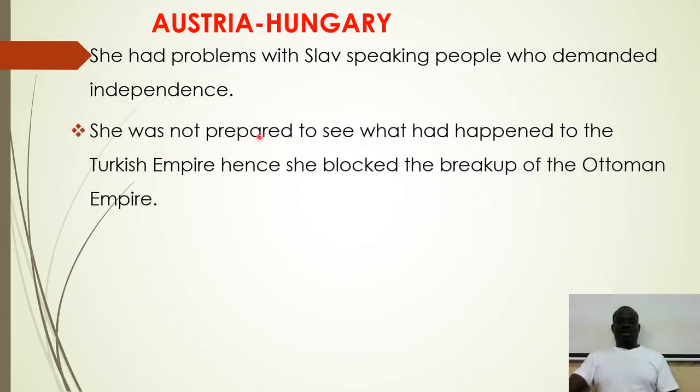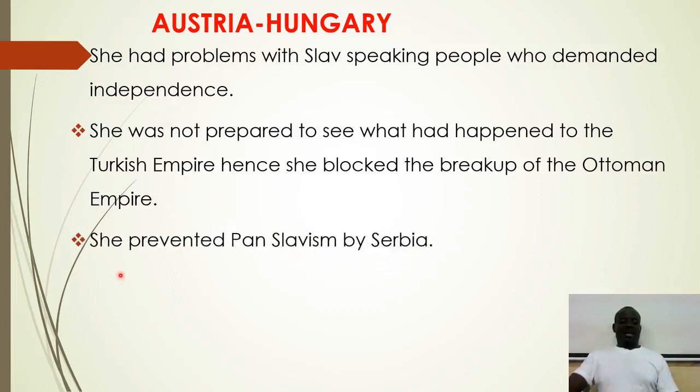She was not prepared to see what had happened to the Turkish Empire. Hence, she blocked the breakup of the Ottoman Empire. So when Serbia was advocating for pan-Slavism, Austria-Hungary blocked that one to say, no. She didn't want to see the breakup of the Turkish Empire because that experience would also affect her. So she was against pan-Slavism.